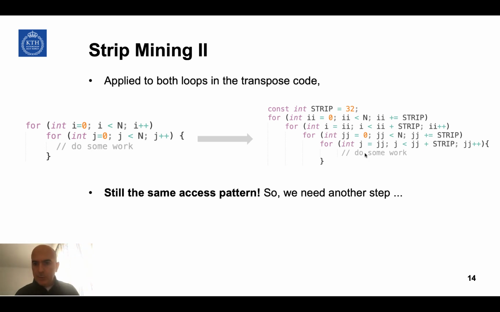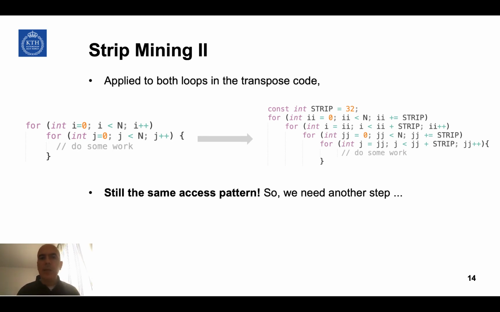Basically, we go consecutively through this inner loop, one by one, until we reach the strip size, and then the outer counter goes to a different strip and then consecutively again. So the data access pattern is not really changing.